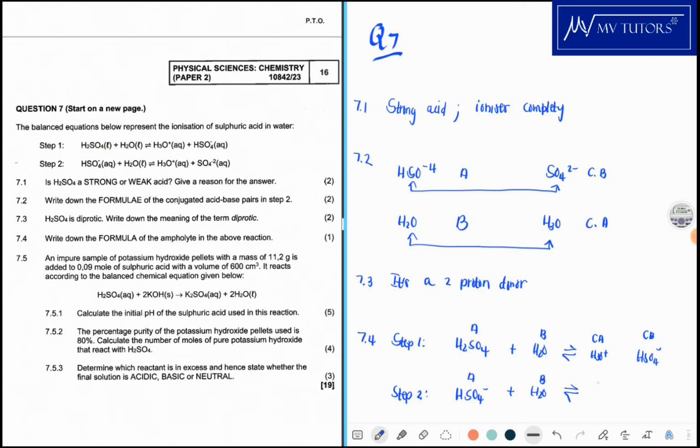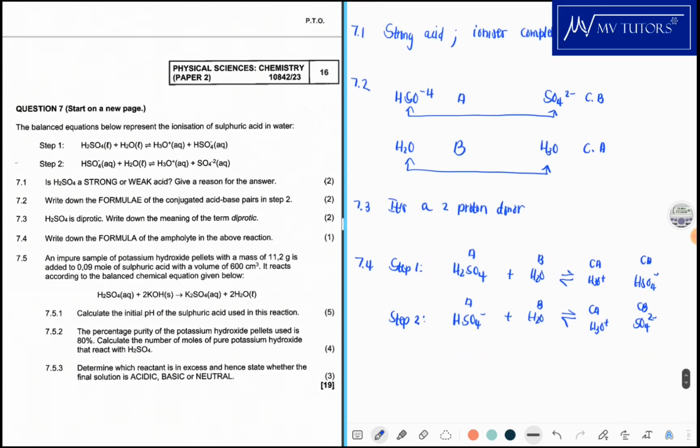Then you have your conjugate acid, H3O plus, your hydronium, and you have the SO4 2- without the H's, that's your conjugate base. So water will not be the amphiprotic substance, but HSO4 minus, because once it was a base and then became an acid. So what is the formula? Our answer would be HSO4 minus.